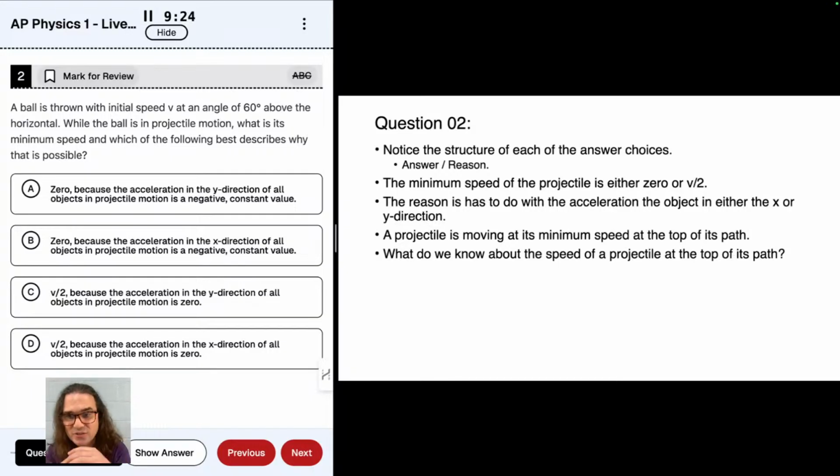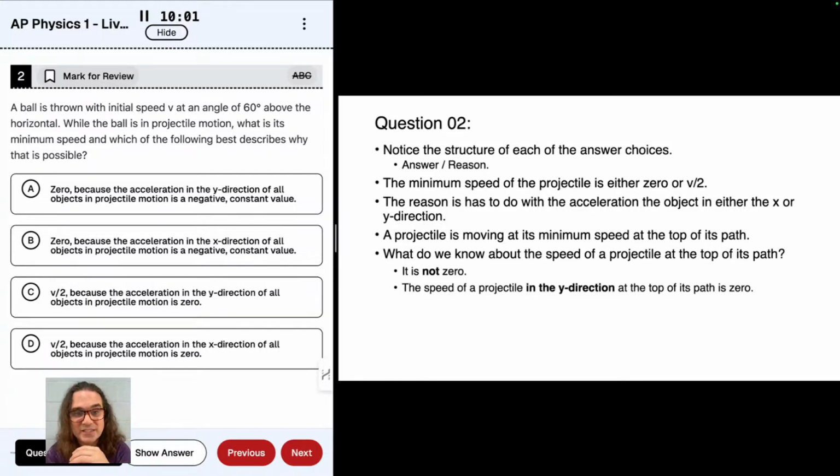So class, what do we know about the speed of a projectile at the top of its path? It is important to recognize that the speed of a projectile at the top of its path is not 0.